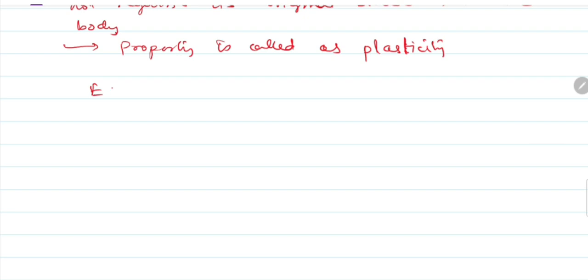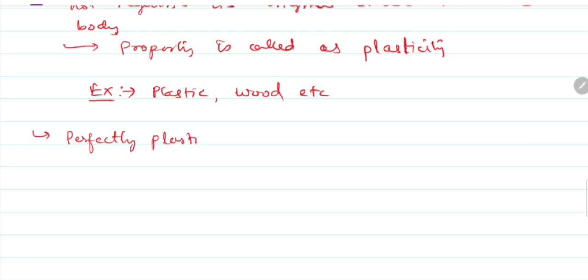So what are the examples? Plastic, wood, etc. Now here also we get a perfectly plastic body. What are perfectly plastic bodies here? If a body remains in a deformed state even after the removal of the deforming force.